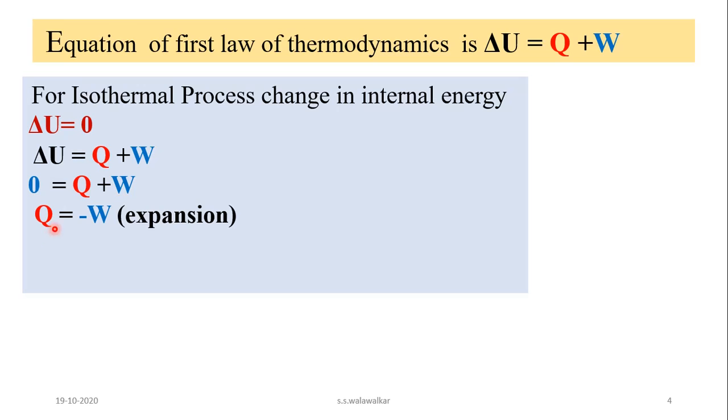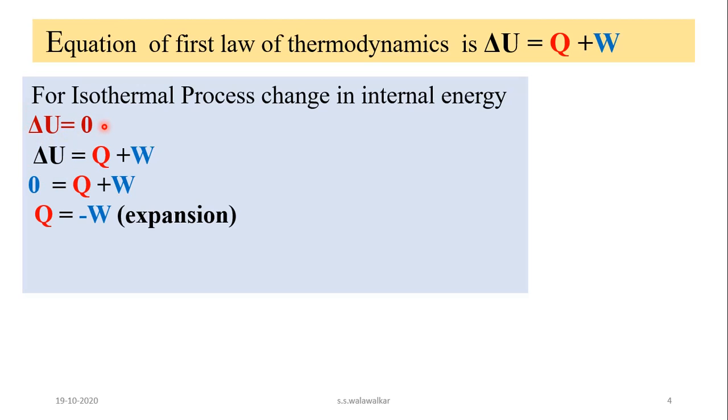That means when heat is supplied to the system at constant temperature, this heat is utilized for the expansion of the gas, that is, the system does work on the surroundings. It is expansion type of work, because the heat supplied is not utilized to increase or decrease the internal energy, since internal energy is constant.